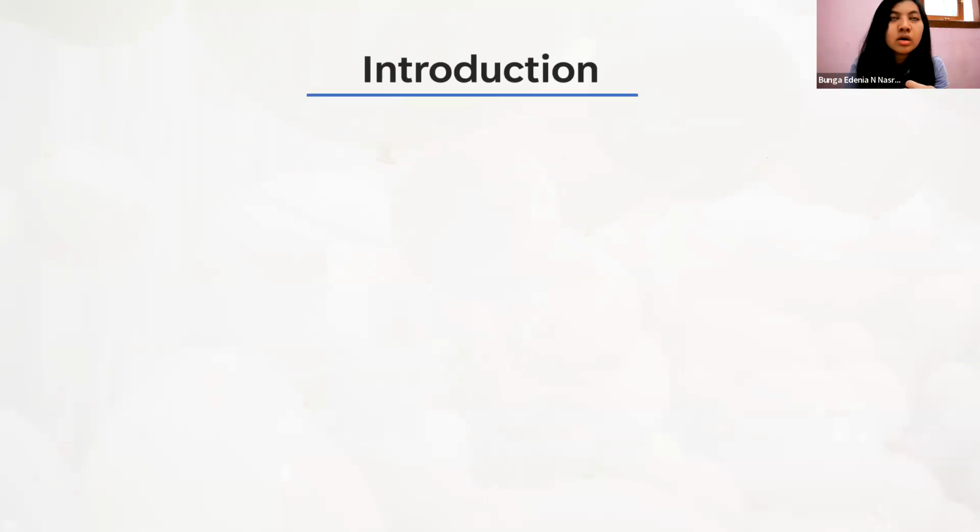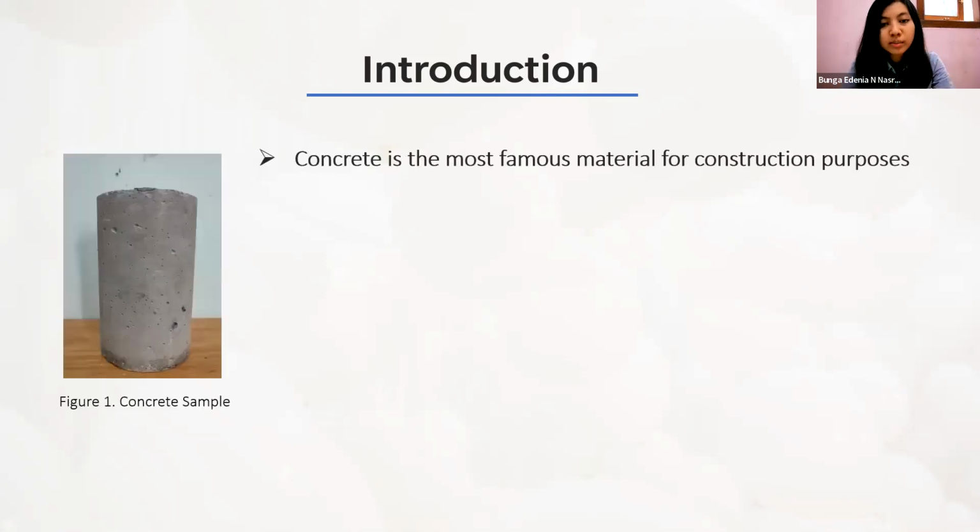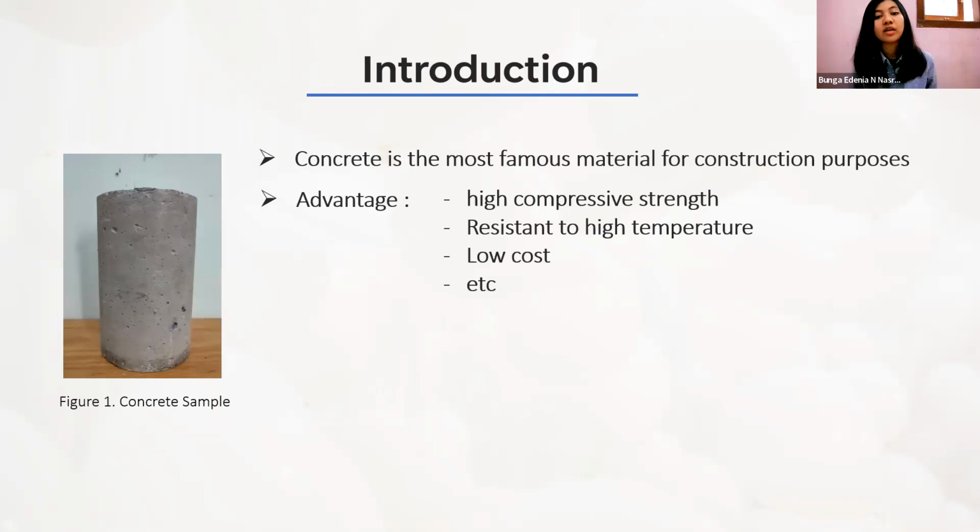So as we know today, the development of the construction industry is increasing rapidly along with the increasing of human needs in the field of building construction. And one of the most famous and widely used materials is concrete because it has several advantages. For example, high compressive strength, resistant to high temperature, low cost, and many more.